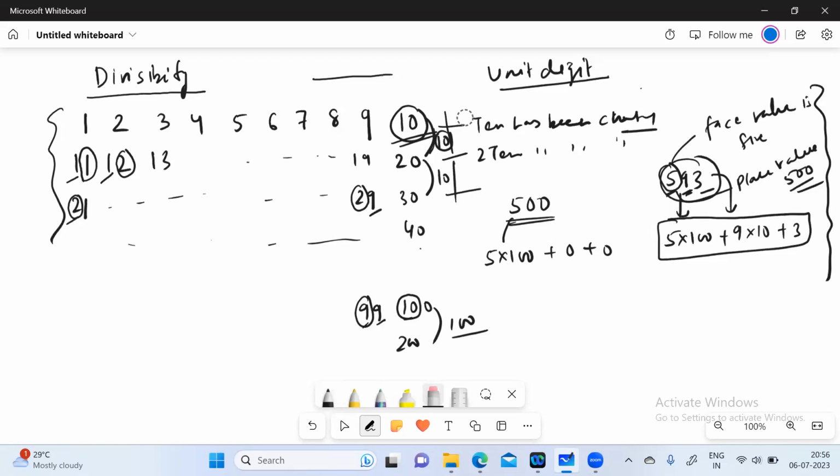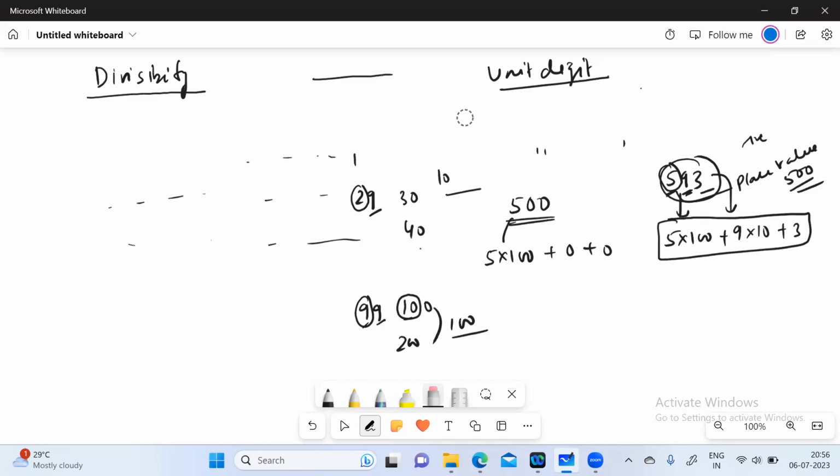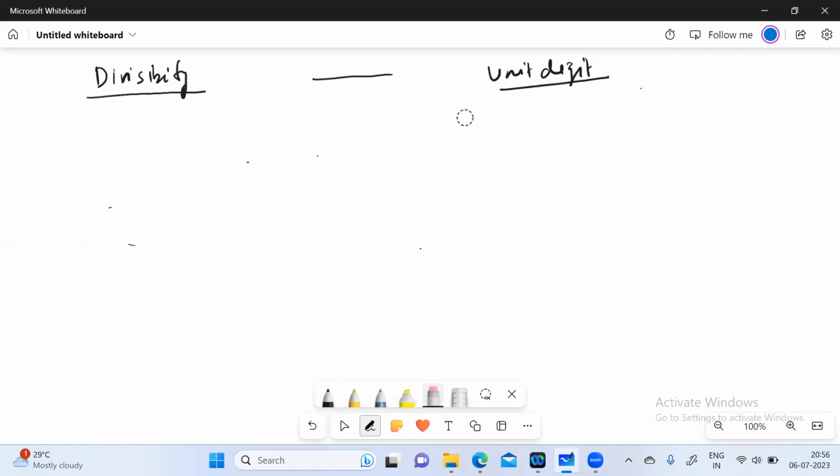Now when we talk about the divisibility of 2, the simple idea is to check whether 2 divides the base pattern or not. Looking at 1, 2, 3, 4, 5, 6, 7, 8, 9 and 10, 2 divides 2 itself, then 4, 6, 8, and then 10.